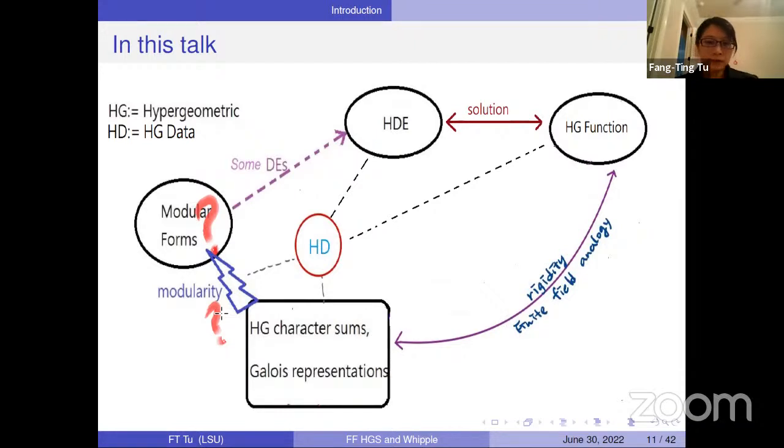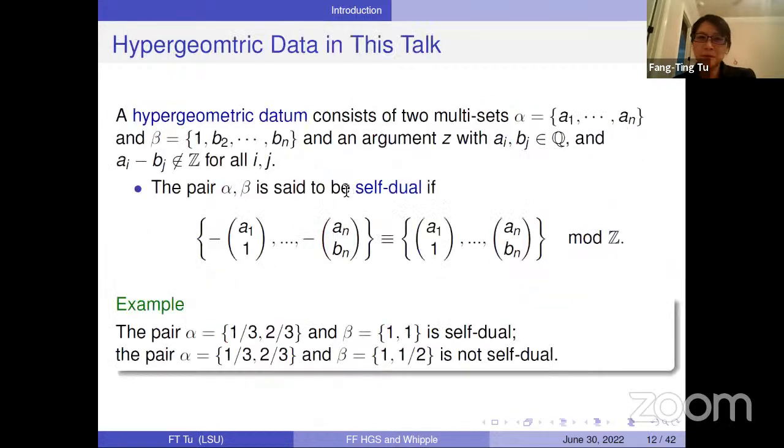Okay, so all of these are built from the so-called hypergeometric data. So what is hypergeometric data? Hypergeometric data consists of multi-sets alpha, beta, and the argument d. It comes from the hypergeometric function, where we collect all the upper parameters, lower parameters, and the argument.